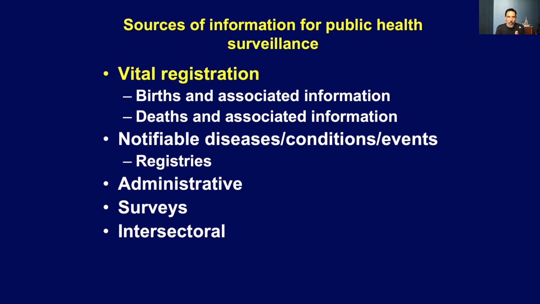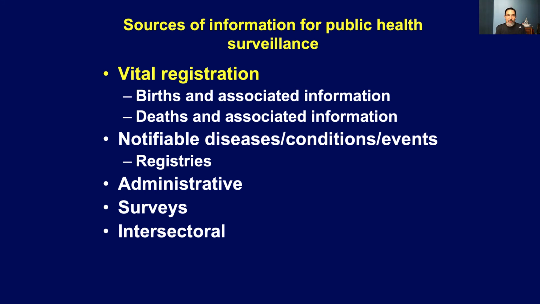And so we've already talked about a few of these at different points in the course, and you can get a sense of the broad nature of different sources of data, right? So we talked about vital registration, so births and deaths, and that was really important for being able to identify health priorities in populations.